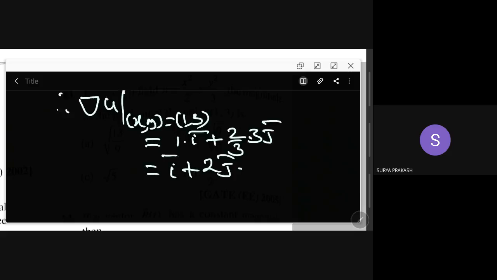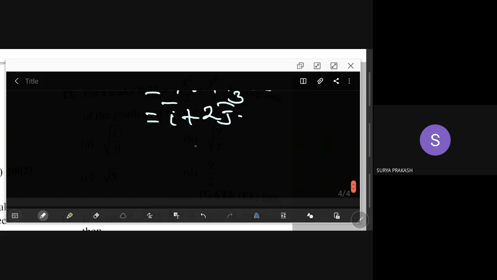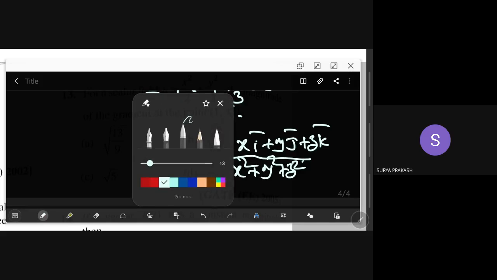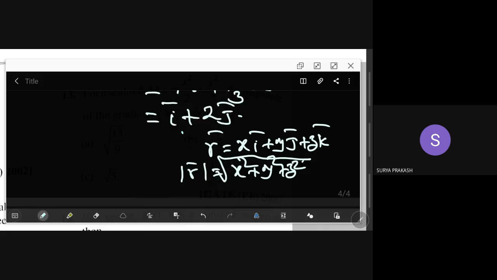If you ask for the modulus, always remember one thing. If you have r bar is equal to x i bar plus y j bar plus z k bar, then the modulus of r bar, that is called the magnitude of r bar, is the square root of x square plus y square plus z square.